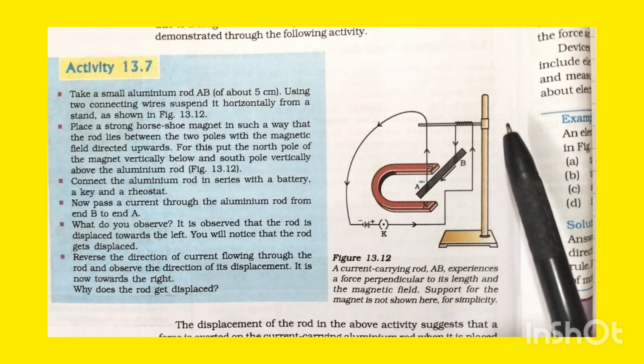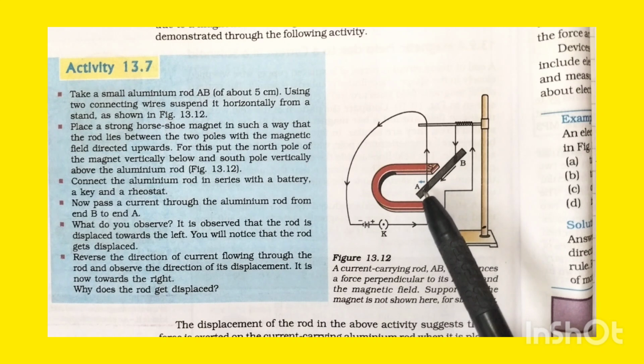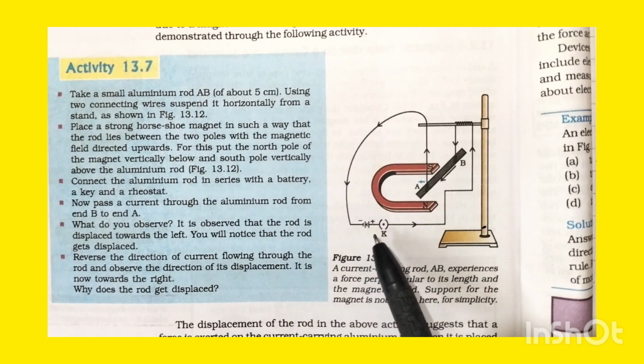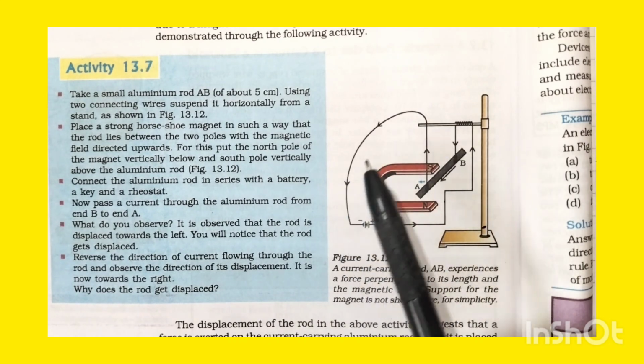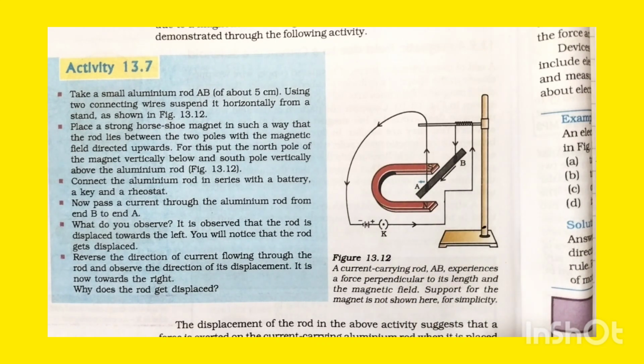So the apparatus is arranged as shown in the figure. This is a stand. AB is the aluminium rod. This is a horseshoe magnet, battery, plug key, and these are the connecting wires. So we have to arrange the apparatus as shown in the figure.